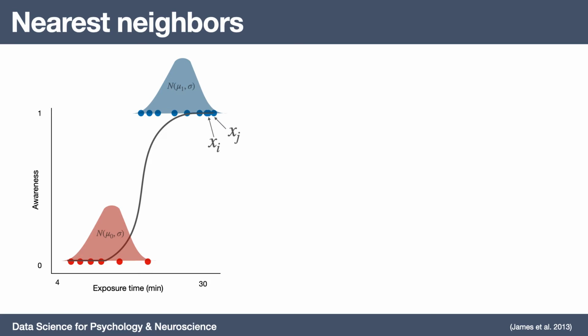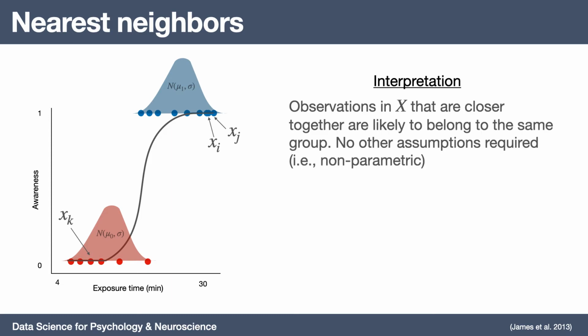Let's say xi here is more likely to be pulled from the same distribution as xj than it is from this observation xk. So the general interpretation here is that observations in x that are closer together likely belong to the same group or the same state of y.